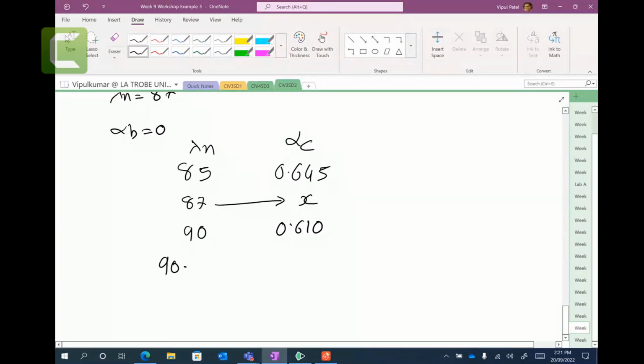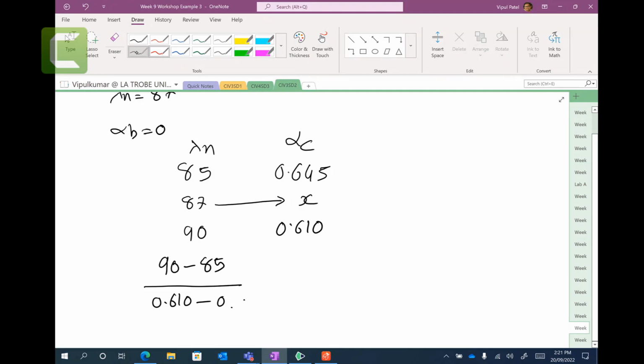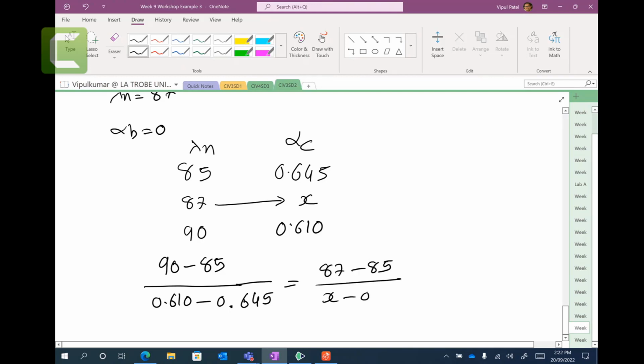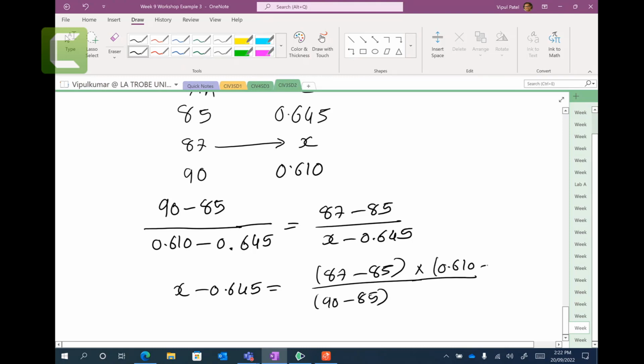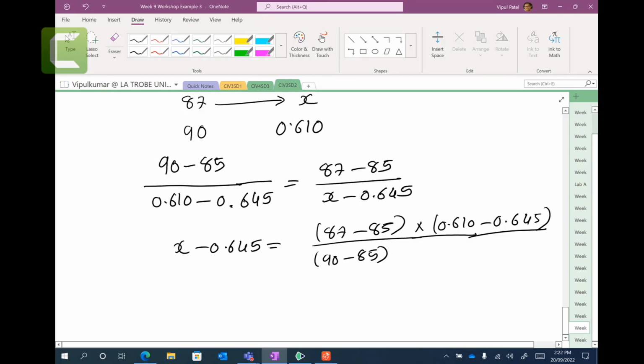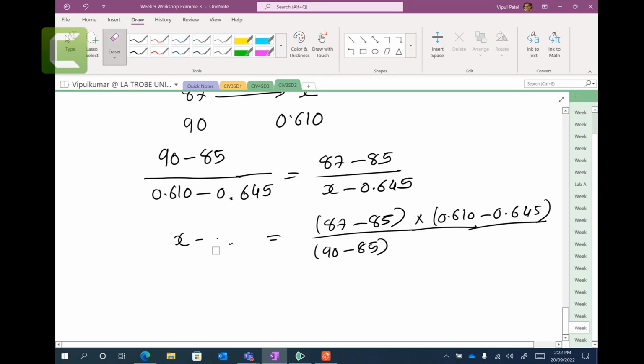The interpolation: x take away 0.645 equals 87 take away 85 over 90 take away 85, times 0.610 take away 0.645, and then you just do plus 0.645. Can anyone do it?